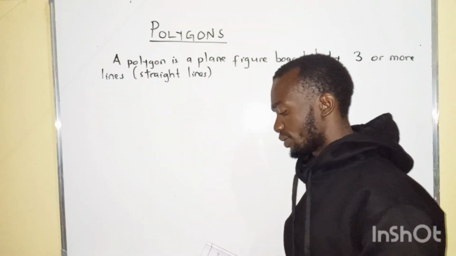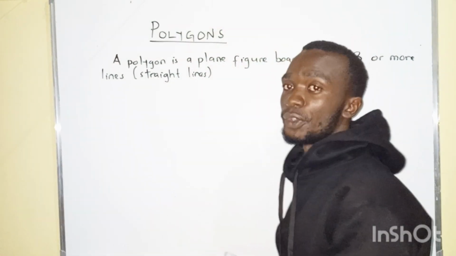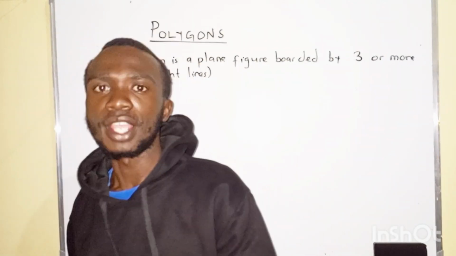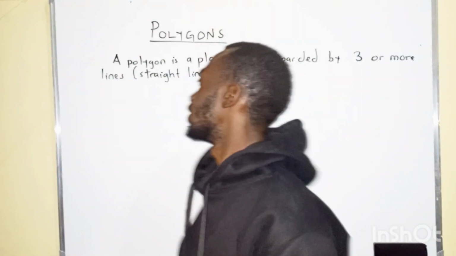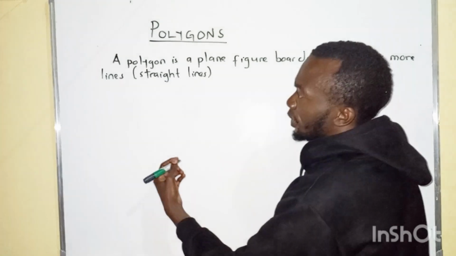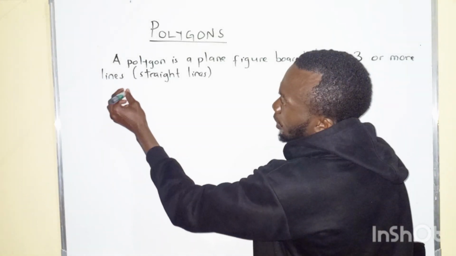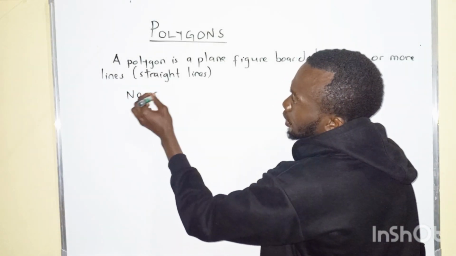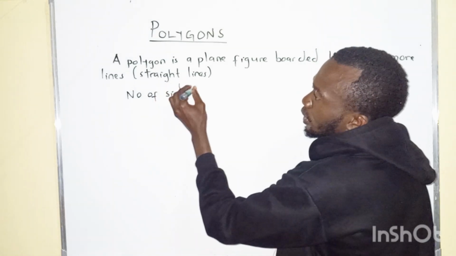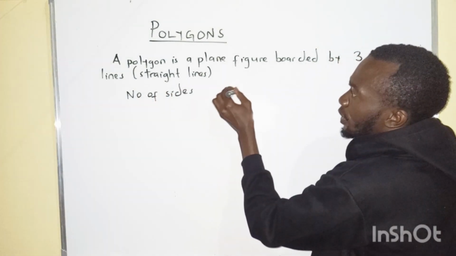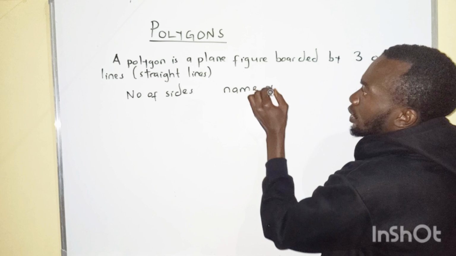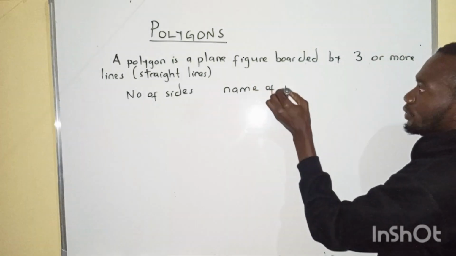Now, when you have a polygon with three sides, any figure that has three sides, I want to know what's the name of this polygon.